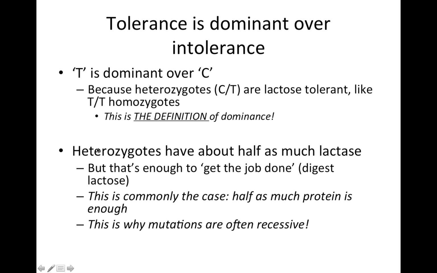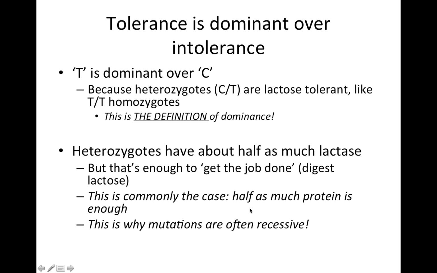And I just want to point out that this is frequently the case. It is frequently the case that if you have one allele that is expressing the protein and the other allele that is not expressing the protein, which means that you probably have about half as much of the protein, that's often just enough. It's enough to get the job done. So this is commonly the case.